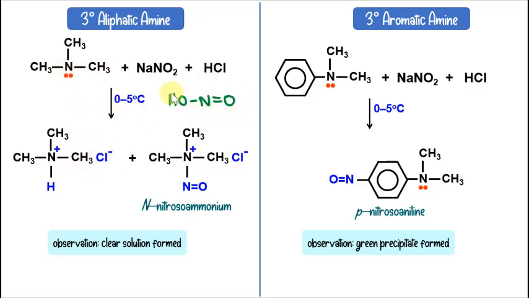So what would happen since we have HCl here? Amines are basic, they are a base, and we have an acid. So the nitrogen here has a lone pair, and it will donate its lone pair to H+.